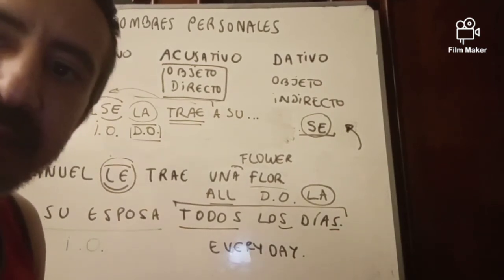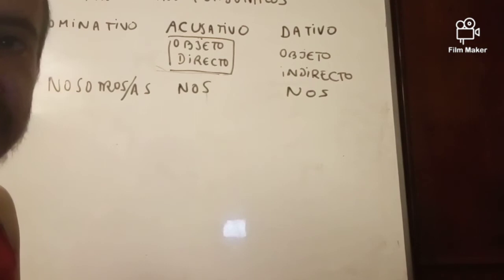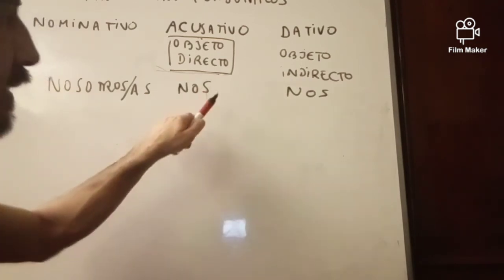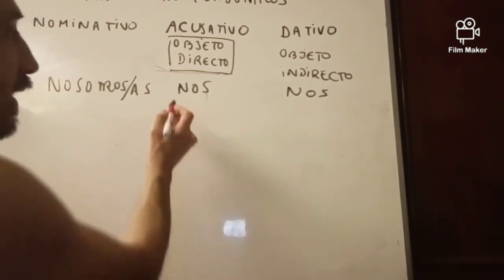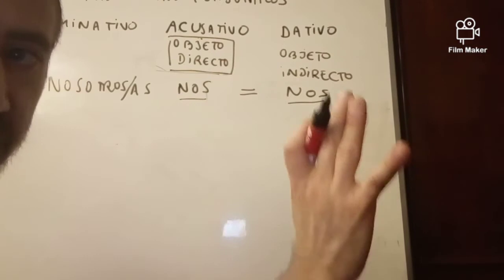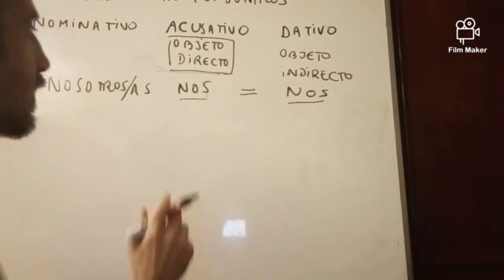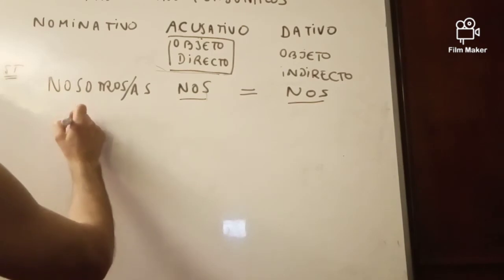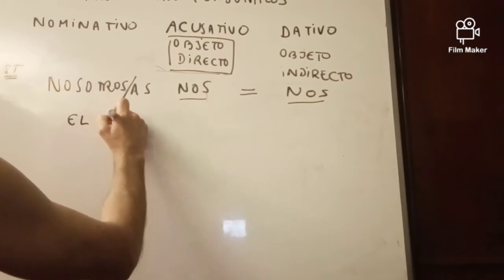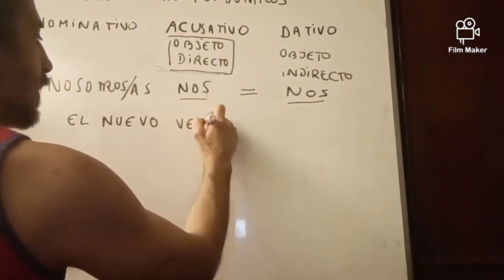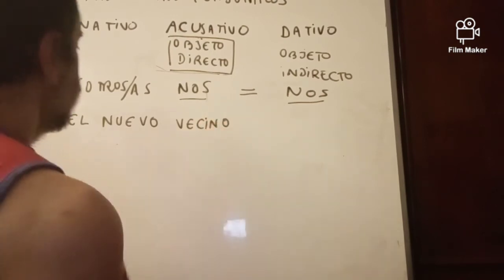Well, let's see in the other cases. Well, this is easier because both for nosotros, nosotras, the only option is nos. They are the same and without any gender distinction. So it's easy. Let's see an example. El nuevo vecino, do you remember this? The new neighbor.